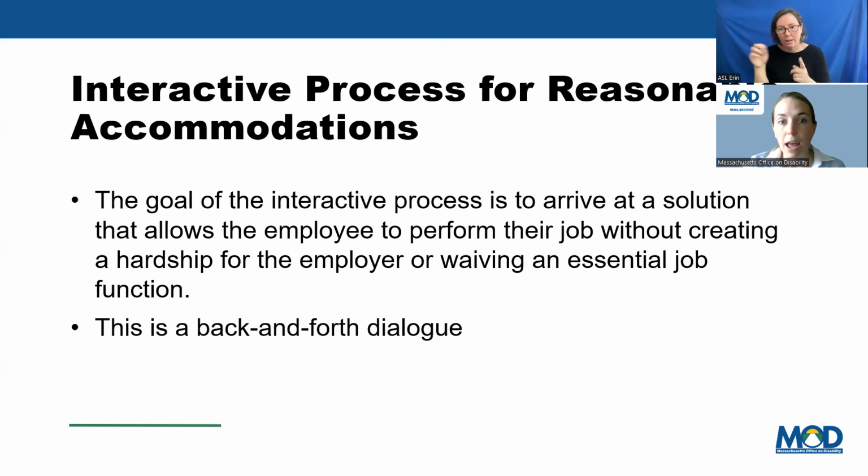So either an administrative or financial burden, or a fundamental alteration to the job, such as waiving an essential job function. So the goal here is, how do we get the employee to be able to access their job and do their job without creating too much burden for the employer?